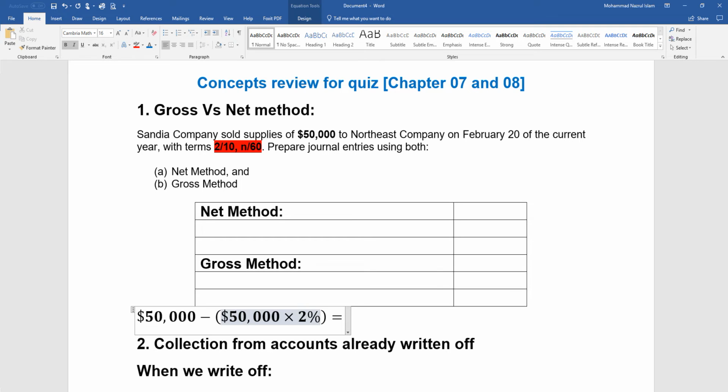So 2% of 50,000: 50,000 multiplied by 2% equals 1,000. So 50,000 minus 1,000 is equal to 49,000. Okay, so 49,000.